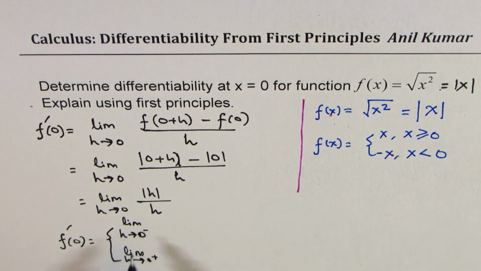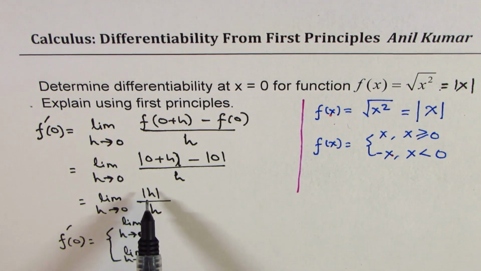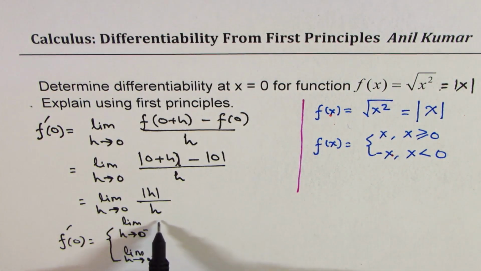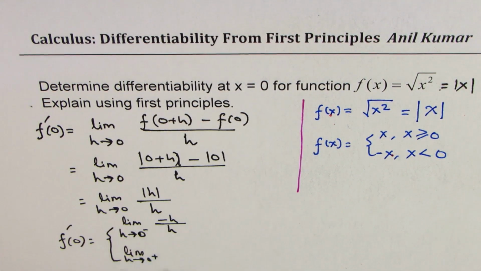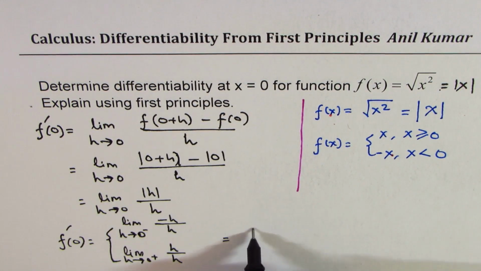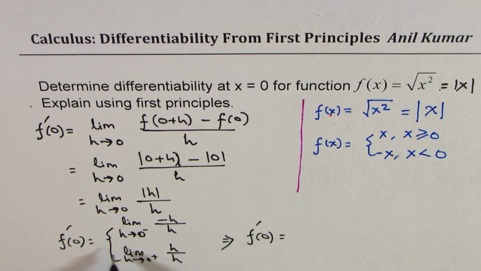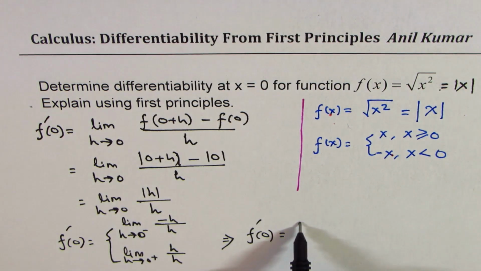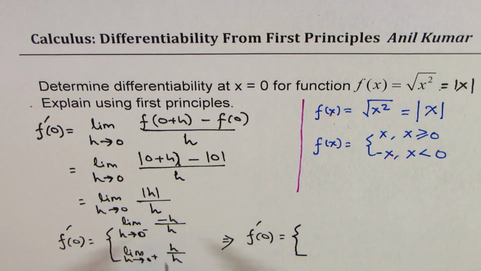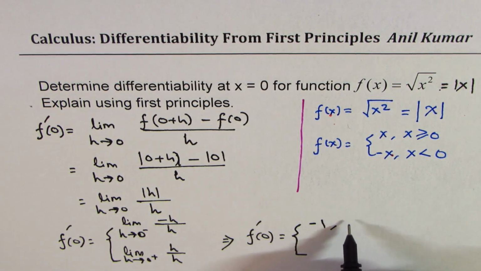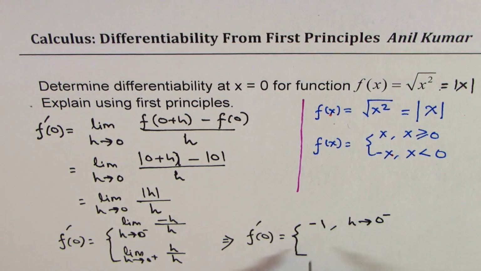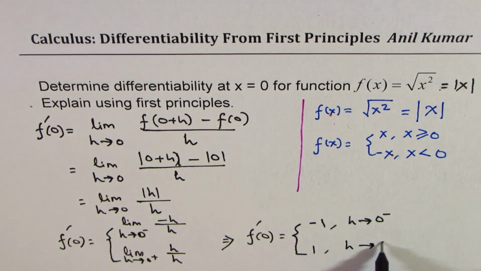Now if you approach from the left side, what is the absolute value of h equal to? It is negative h, right? So you could write this as negative h over h. When you approach from the right side, it is positive h. Do you see that? Positive h over h. So this implies that the derivative when you approach from the left side is minus 1, and is positive 1 when h is approached from the right side.